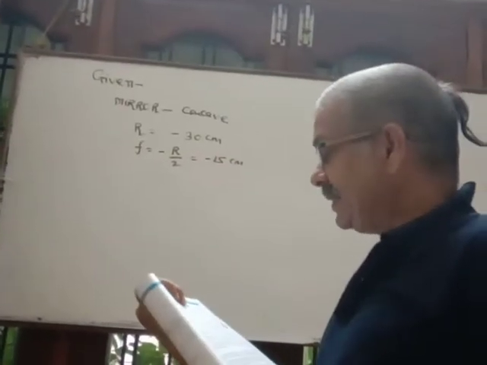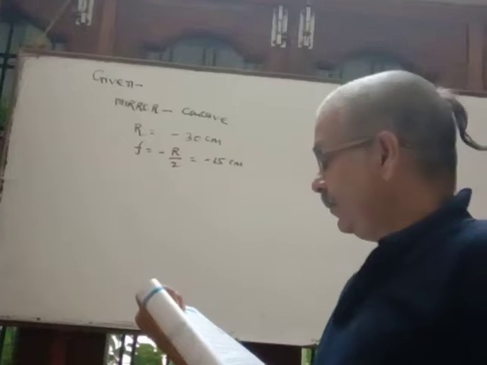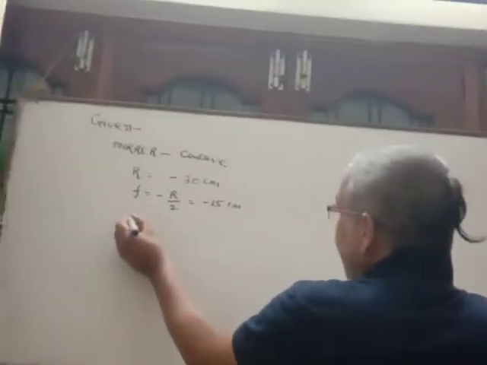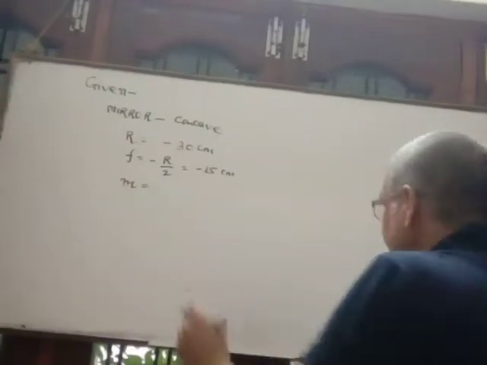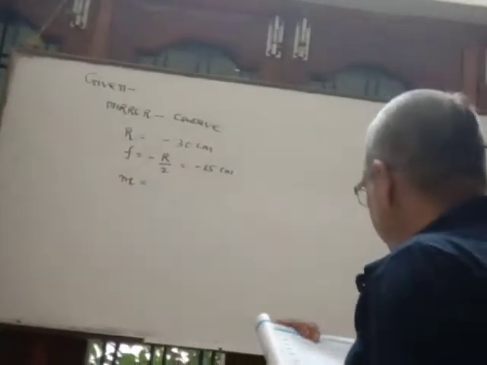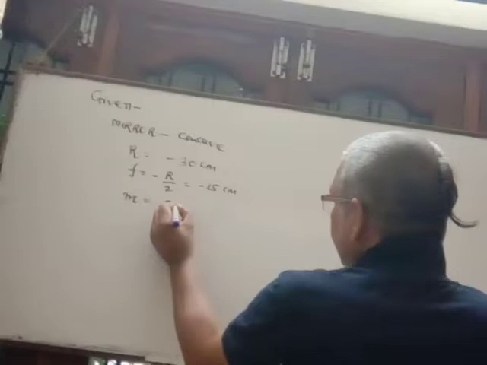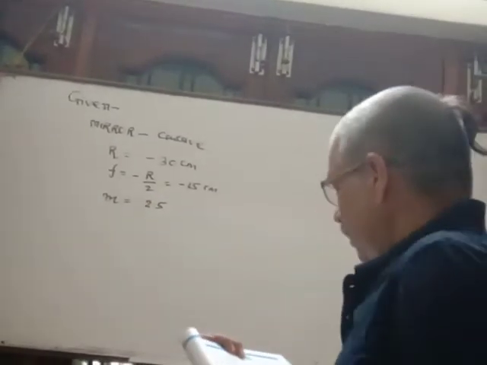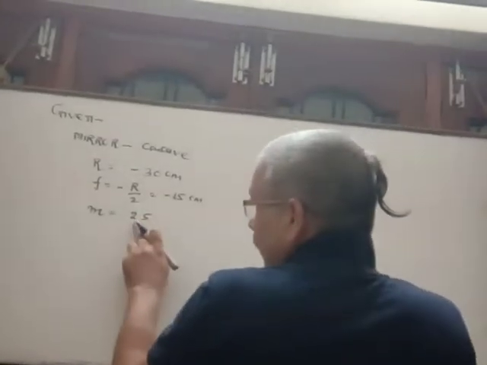A man sees his image 2.5 times the size of his face. It means it is magnification. Magnification is 2.5. Correct now?